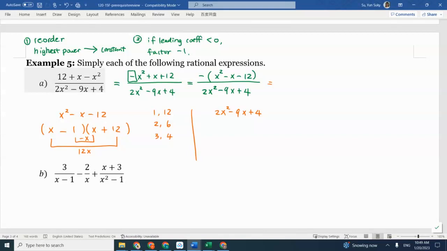Also, if I switch the sign, you get negative 11x, still too big. Therefore, not this pair. And do you see this is negative 1x? 2 and 6 won't give you negative 1. 6 minus 2 is 4. It won't give you 1, right? So 3 and 4 will give you 1. So therefore, we use 3 and 4.